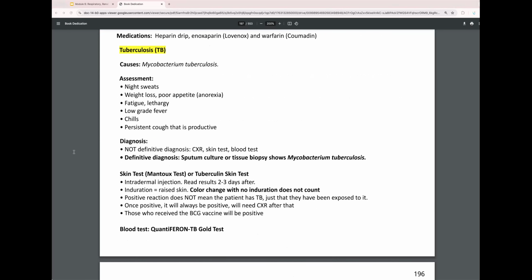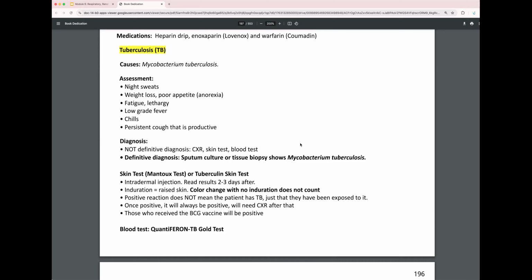Next up is tuberculosis. Tuberculosis is caused by Mycobacterium tuberculosis. Assessment: night sweats, weight loss, poor appetite, fatigue, lethargy, low-grade fever, chills, and a persistent cough that is productive. Diagnosis.